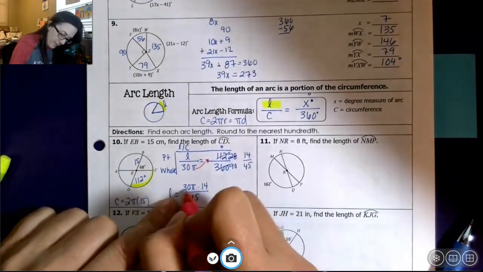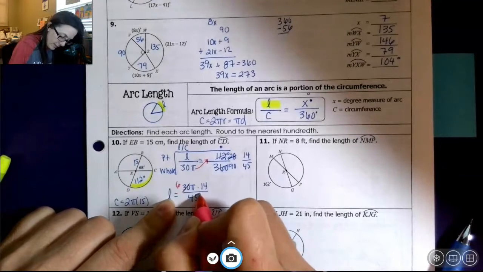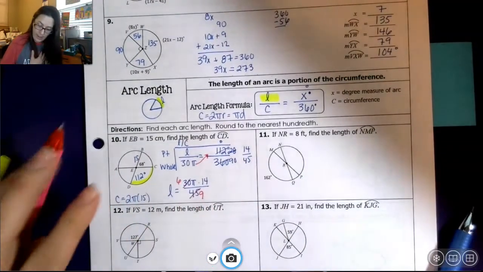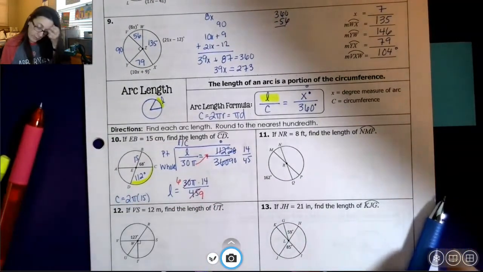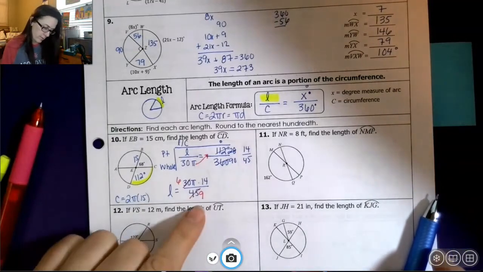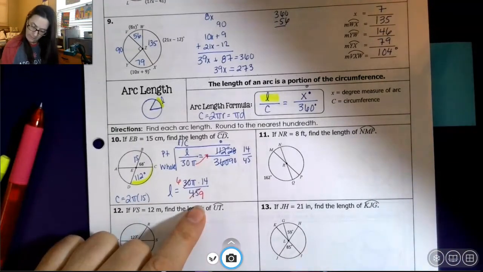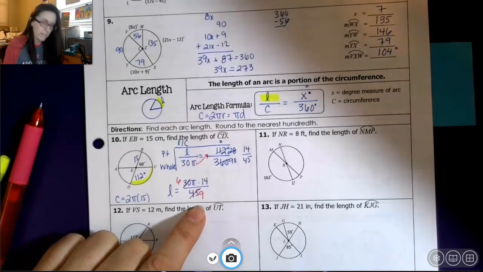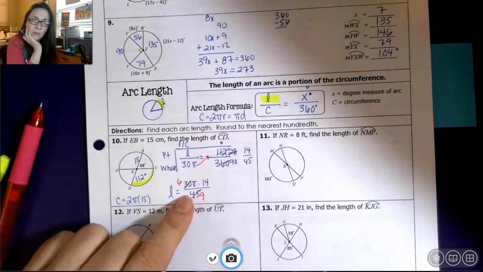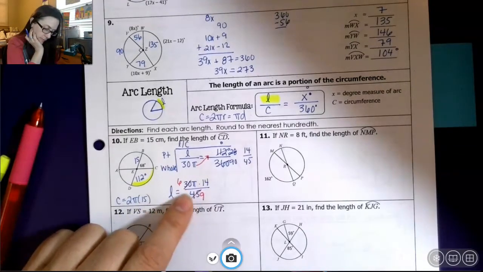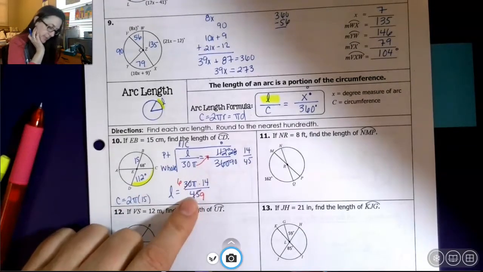I can divide this by 5, making this a 6, making this a 9. I personally prefer, what else do we do? Not only could we divide by 5, we could have divided by 15.